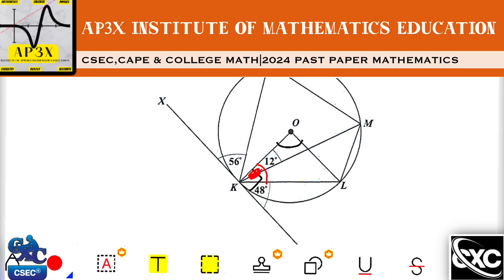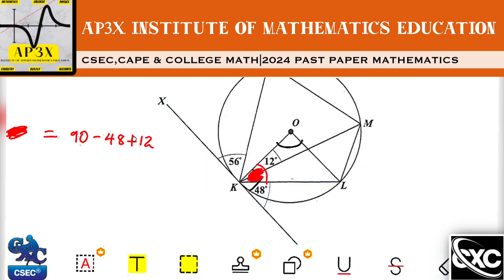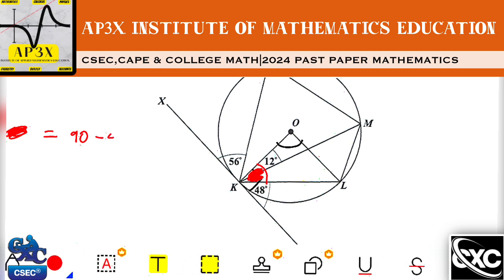That angle is going to be equal to 90 minus 48, plus 12, that little piece right in here. No, in fact, better yet, since we're not really interested in the 12 as a part of our angle, I know right away that I could find all of this angle by simply taking 48 away from 90. That works out nicely to be 42 degrees.